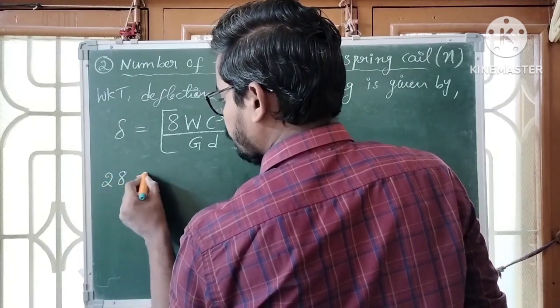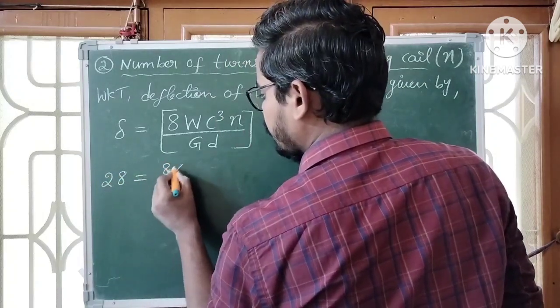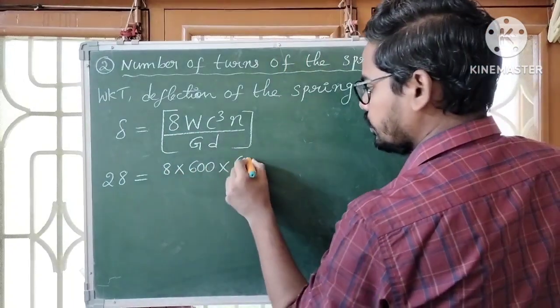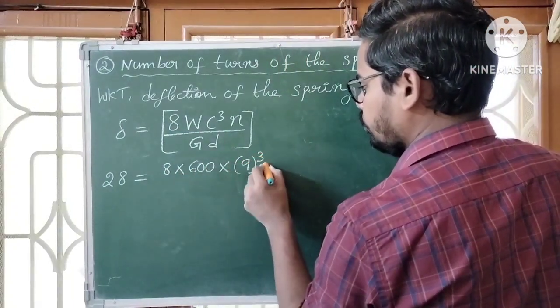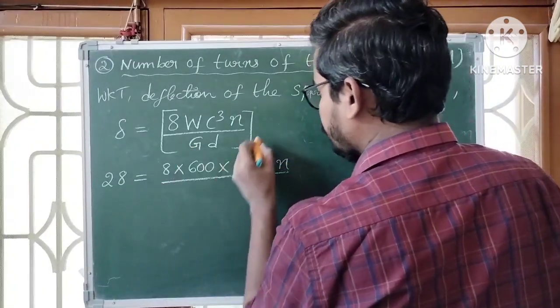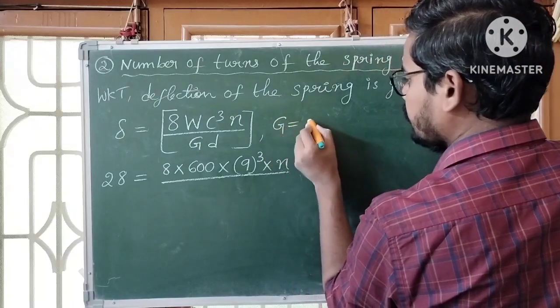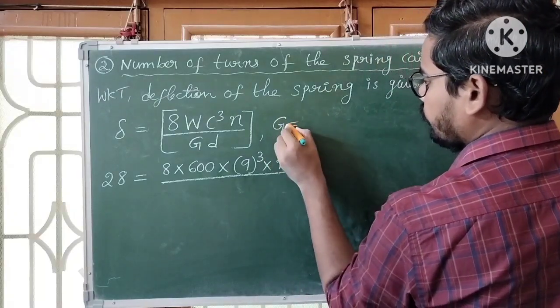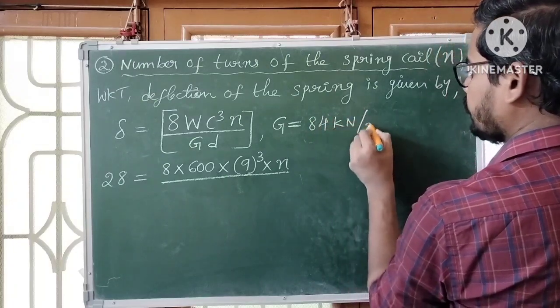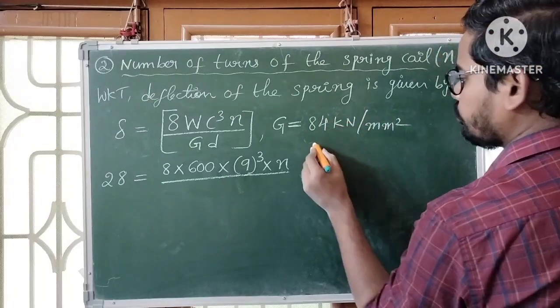Here deflection is given as 28 mm. So 28 is equal to 8 into load 600 newtons into C cube, spring index 9 given, 9 cube, into n, which is our unknown. We don't know the value of n. And G is given as shear modulus 84 kilonewton per mm square.